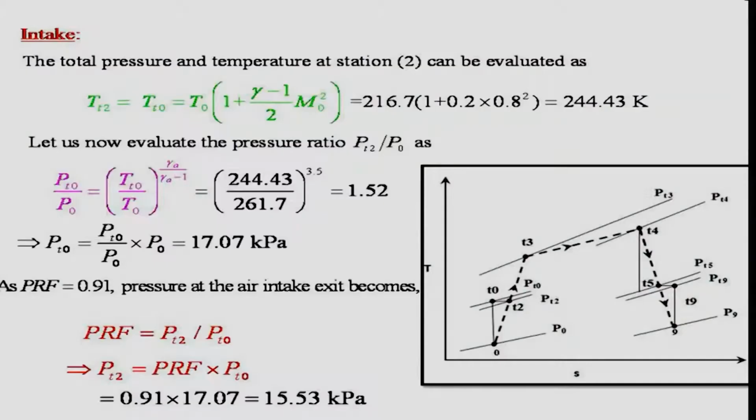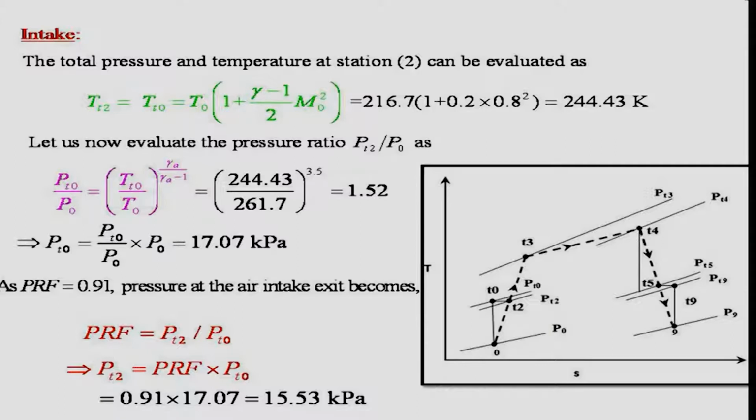Let us evaluate the pressure ratio, which even for the isentropic one can think of, right. If you look at this, PT naught by P naught is equal to (TT naught by T naught) to the power gamma by gamma minus 1. So, you can get 1.52, right.